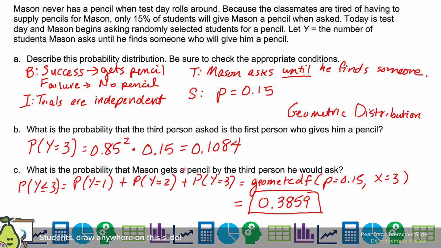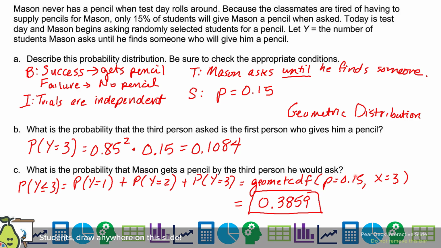What is the probability that Mason gets a pencil by the third person he asks? What that means is he gets lucky on either the first, second, or third, and we can just add up these probabilities. There's no overlap in them. And the geometric cumulative distribution function will add all these up. So it's just like the binomial cumulative distribution function.